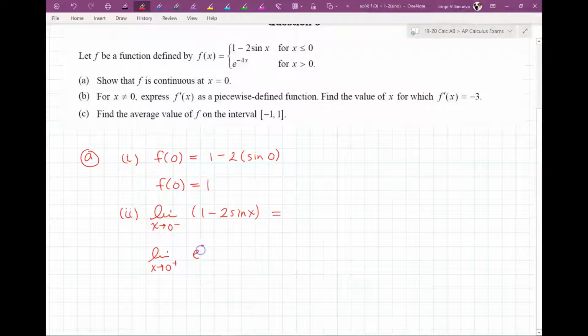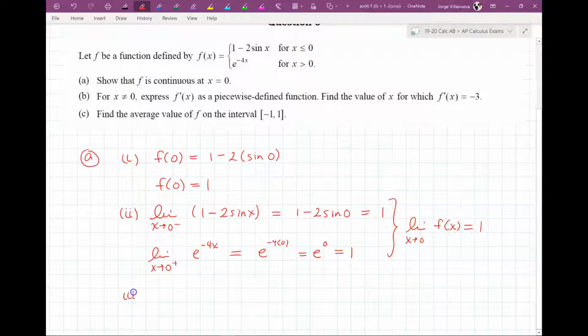So I'm going to use that from 0 to the right, from the right side, because those are the positive values. So we already know that if I were to plug in a 0 into this, 1 minus 2 sine of 0 is just going to be 1. So that's good. Over here would be e to the negative 4 times 0, which is e to the 0, which is 1. So that means that the limit as x approaches 0 of f of x is 1.